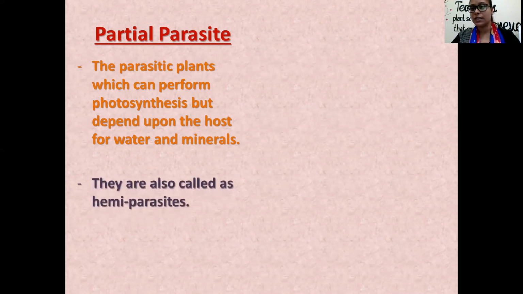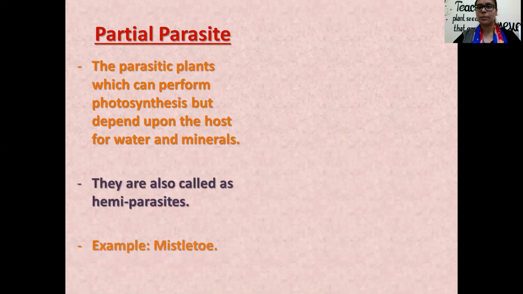Because they're partially dependent, not dependent for the whole nutrition, they are also called semi or hemi parasites. The example of a partial parasite is mistletoe.